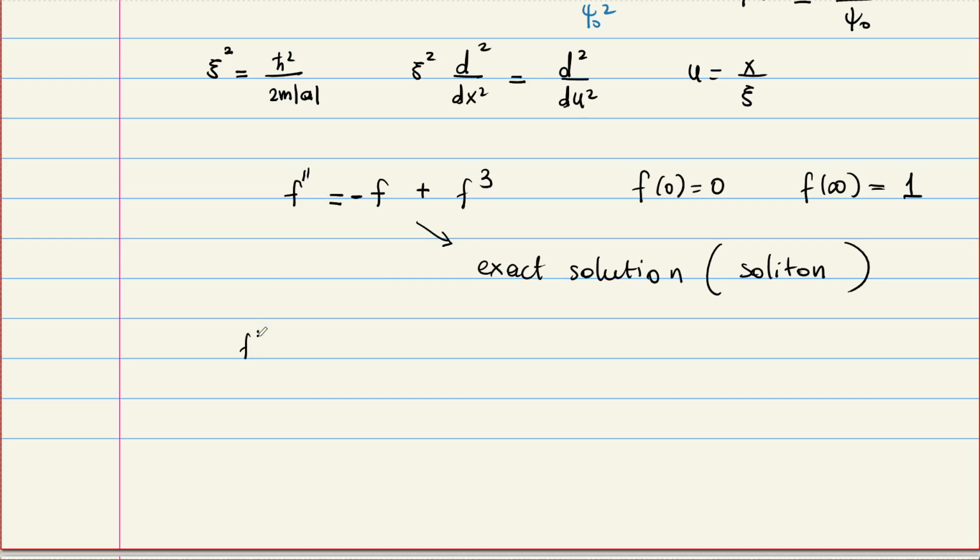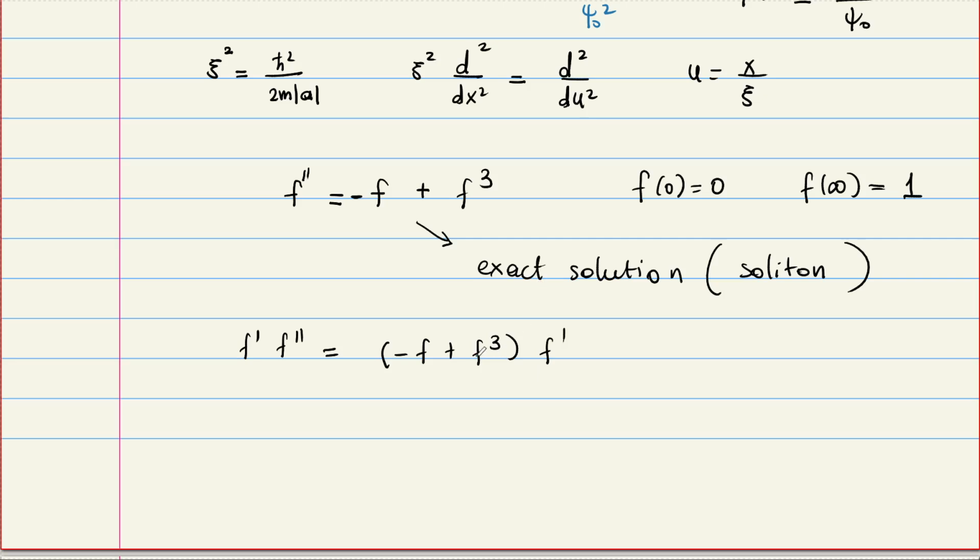So this is f prime times f double prime, which is equal to minus f prime plus, actually let me combine them, minus f plus f cubed, times f prime.